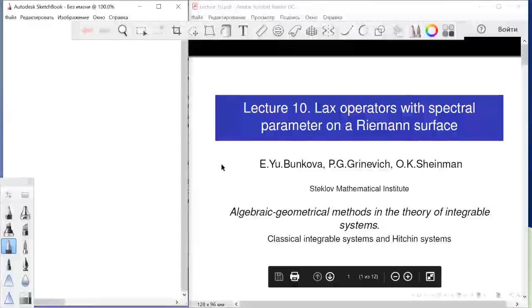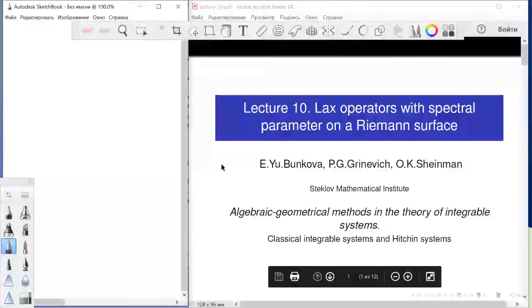These systems include, in particular, Hitchin systems, Euler type systems, which already have been considered in the last 3 lectures, and let's say almost all classical integrable systems.